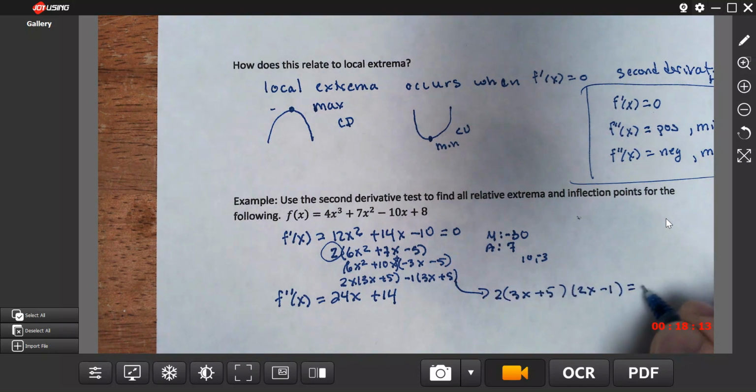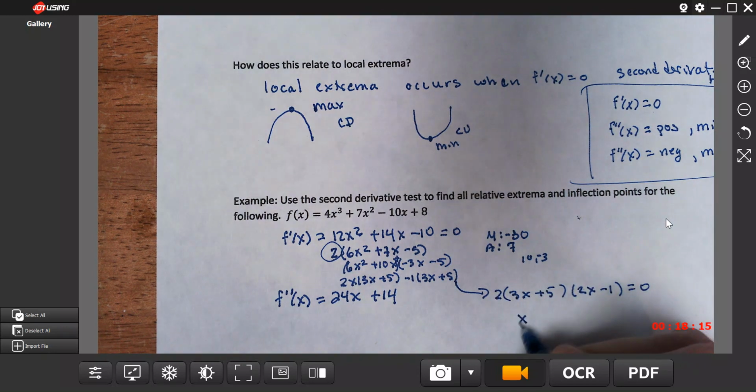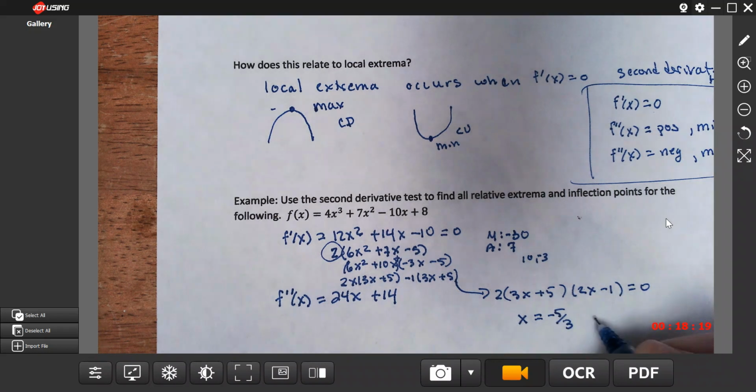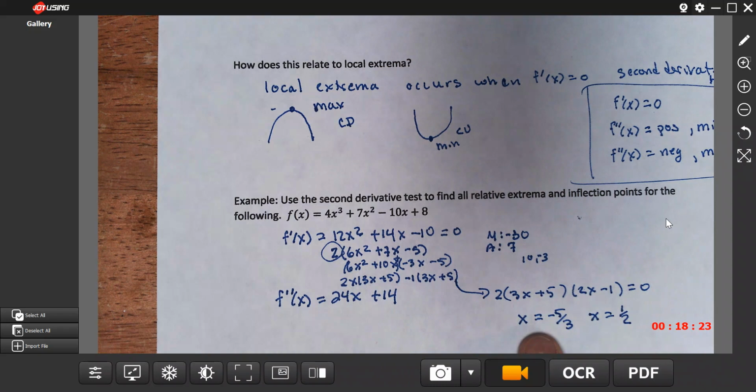And I had my factor of 2 that was already here, set that equal to 0. 3x plus 5 equals 0 gives me x equals negative 5/3. 2x minus 1 equals 0 gives me x equals 1/2. So those are the possible x values where there could be a maximum.